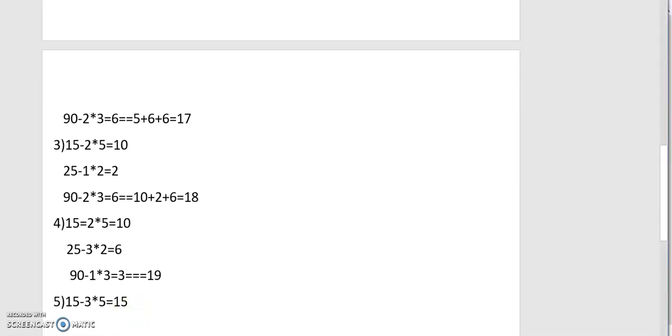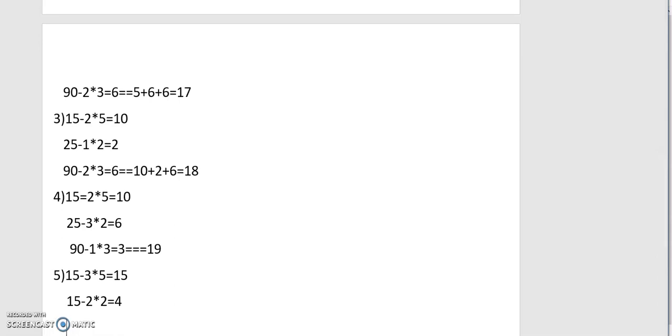Next for 25 we have 2 comparisons, that is 2 into 2 equal to 4. For 90 we have 1 comparison into 3 equal to 3. So the total is 22.